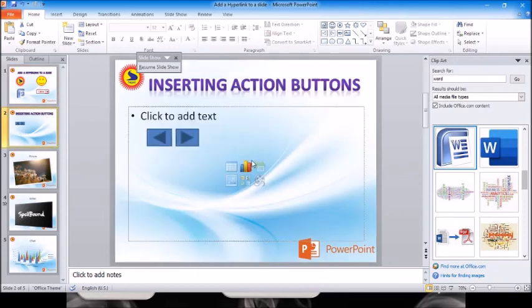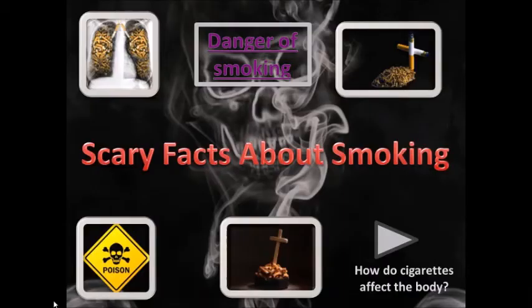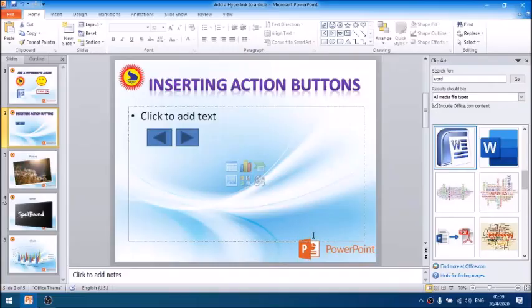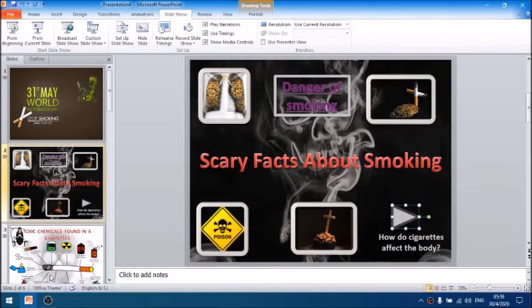Then we have learned how to insert action buttons and how to program the actions for these buttons. Next, we have learned how to make any object, for example a text box, a picture or a shape, into an action button.